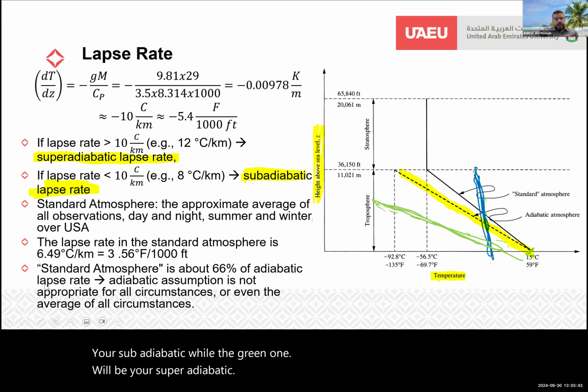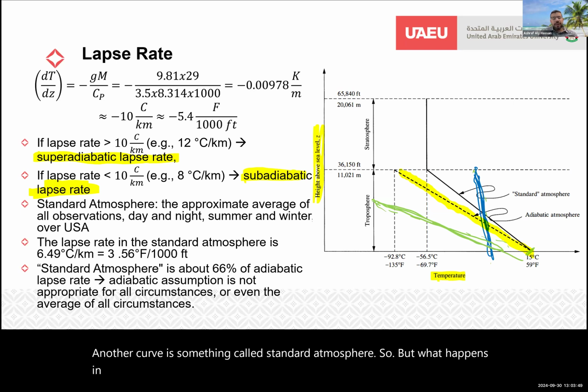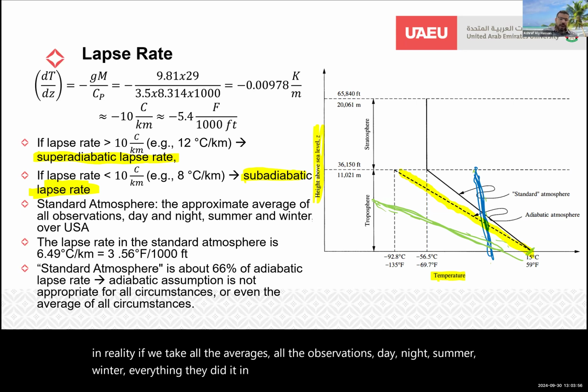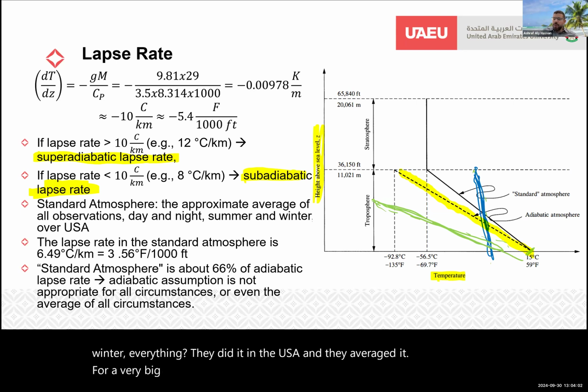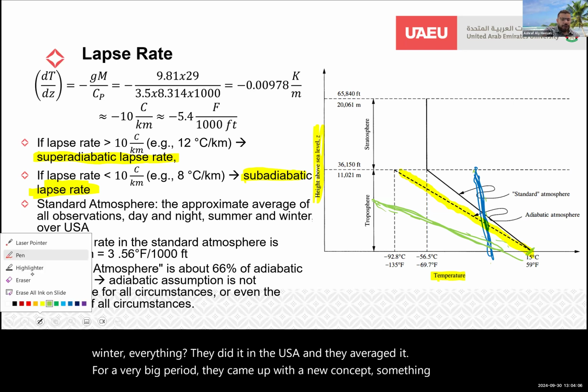Another curve is something called the standard atmosphere. But what happens in reality? If we take all the averages, all the observations, day, night, summer, winter, everything, they did it in the USA and averaged it over a very long period. They came up with a new concept called the standard atmosphere.